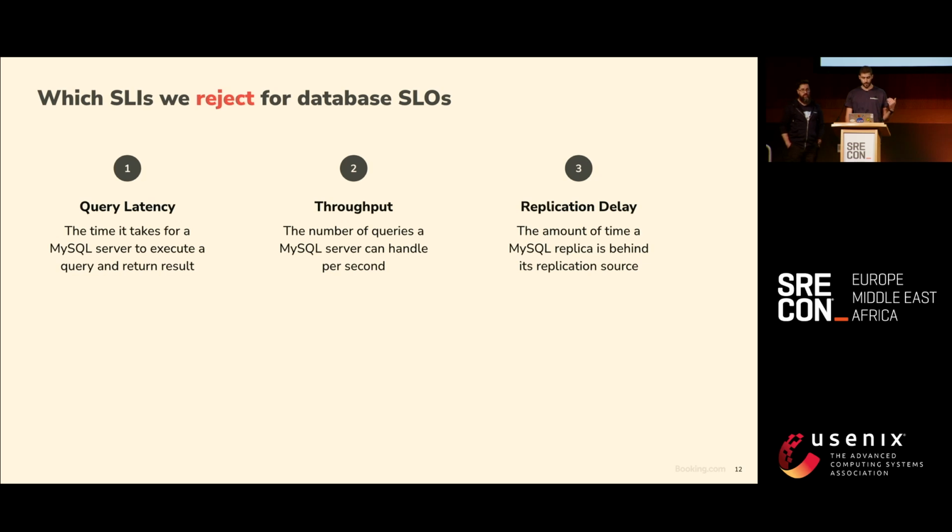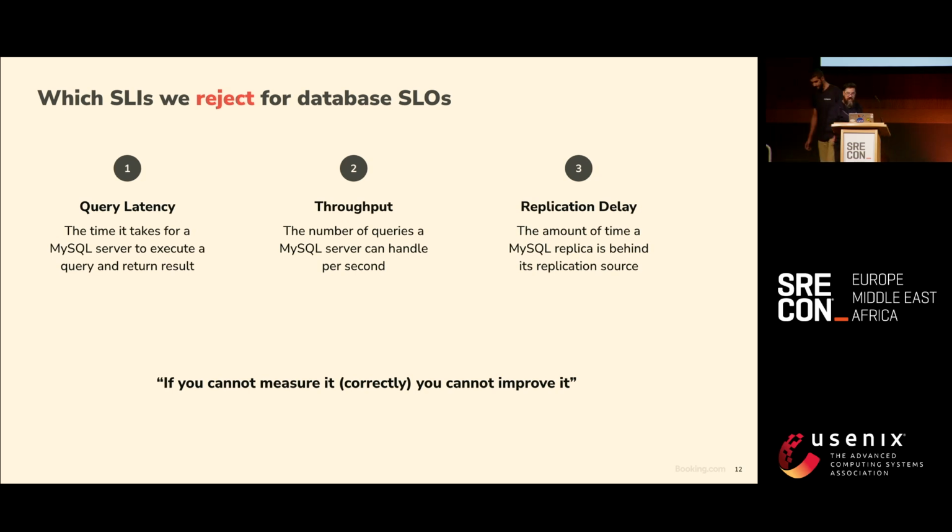Overloading, going to throughput, overloading a primary with read queries will make it slow for writes. And finally, regarding replication delay, if you have a developer that does a bulk operation like an update or a delete, this will inevitably introduce replication delay in your replication chain. So if you cannot measure it correctly, you cannot actually improve it. And Martin will tell you about how we chose our SLIs for SLOs for our database systems.